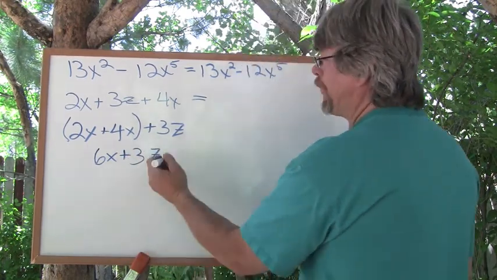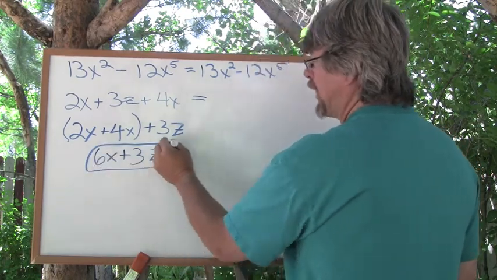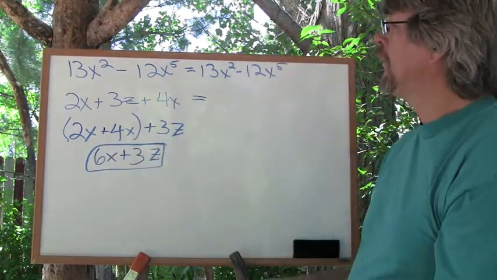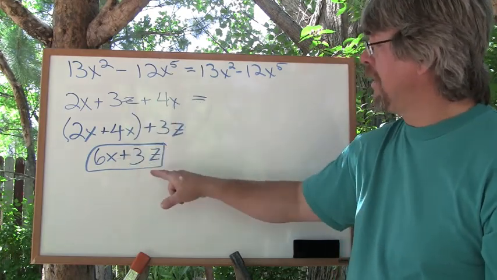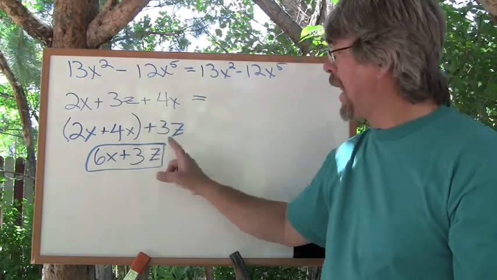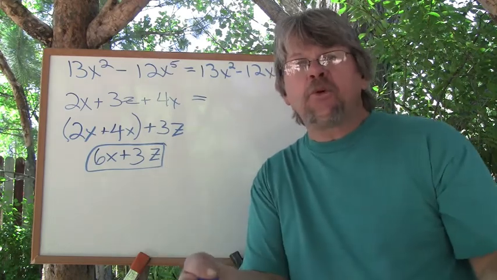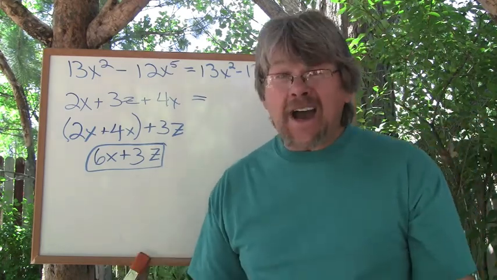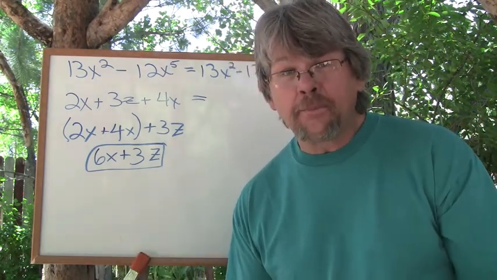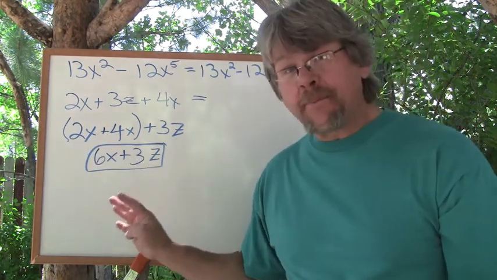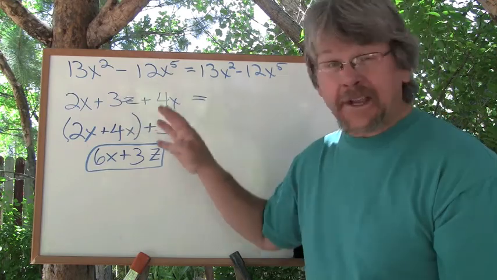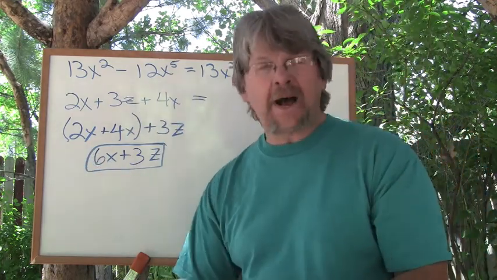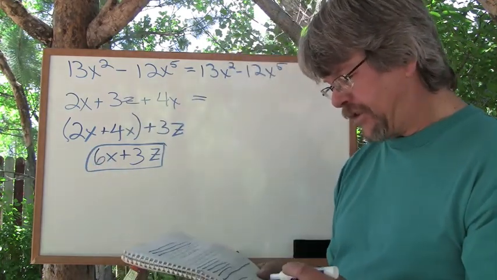And that is as simple as the answer can get because x is not z. So you pull your terms together, add them all together, and leave the unlike terms separate. Even if you have 55 different unlike terms, you have to keep them separate. Okay? And if you have 30 like terms, you must combine them using whatever operations it shows you to.